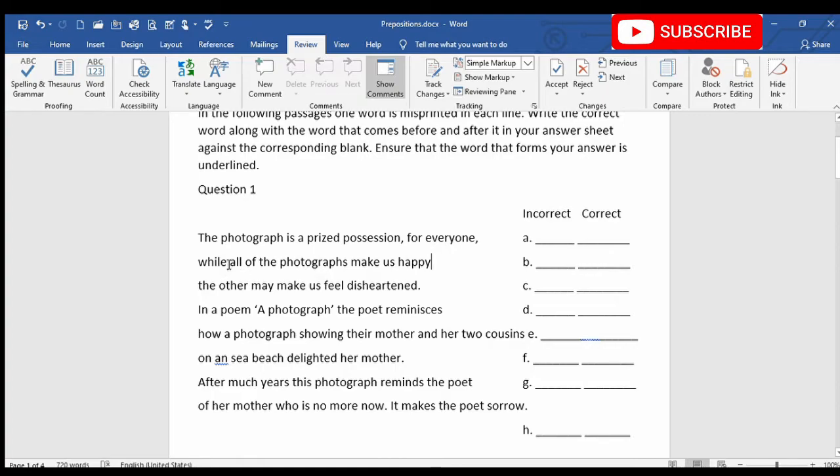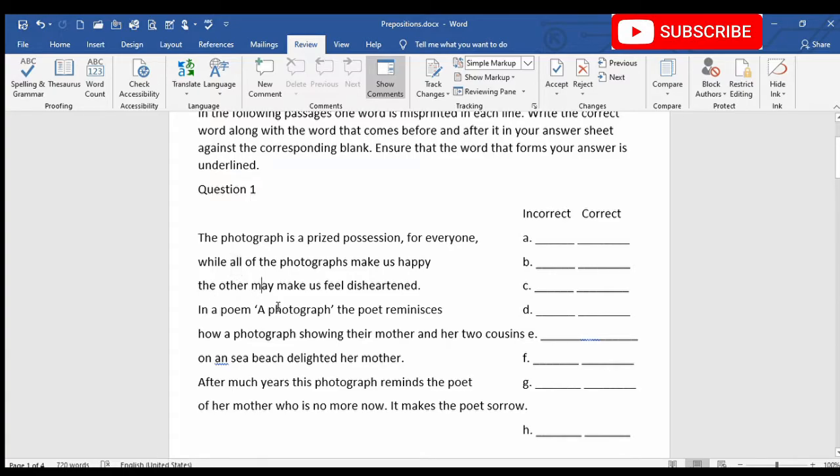So this word "all" will become "some". So I hope students you are writing down. The wrong word here is "all". Write down here "all" and then in the next blank write down "some". While some of the photographs make us happy, then move to the next line.